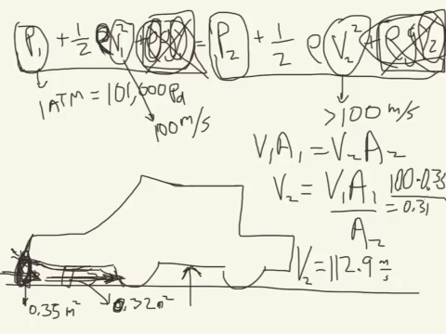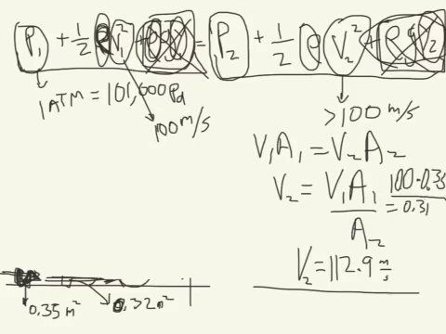We still don't know rho, which is the density of the air, but I have a feeling that it might cancel out because we are assuming that it doesn't change as the air goes under the car. So I'm going to take what's left of our equation up here and solve for, what do we want to solve? Oh yeah, P2, the pressure under the car.